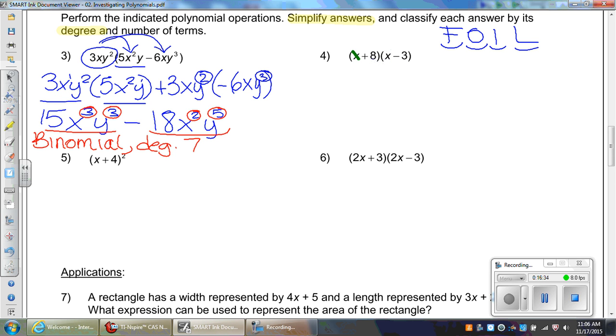So we're going to have x times this binomial. And then we're going to have plus 8 times the same binomial.